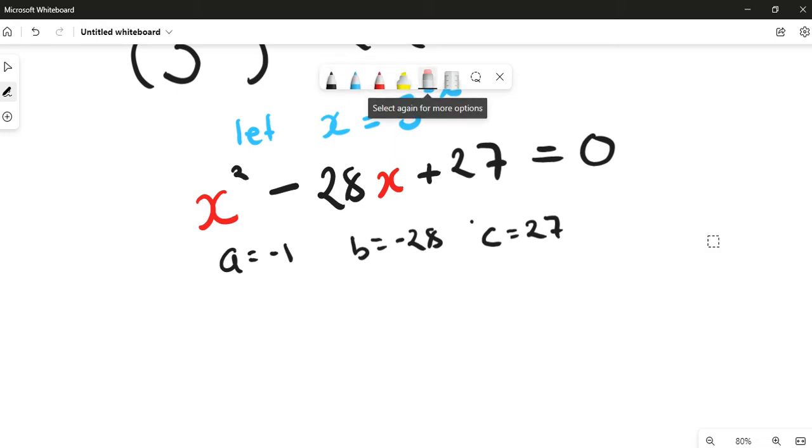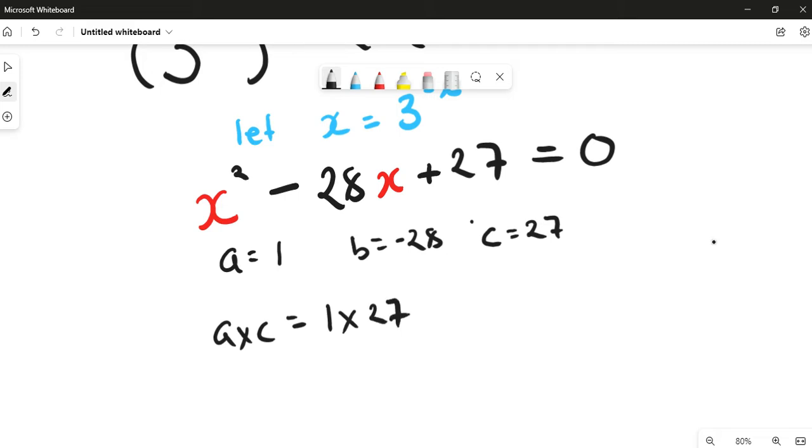Oh, a is actually 1. Sorry, a is 1. So we multiply a times c. That's 1 times 27, which gives us 27. We'll find two numbers that multiply to give 27 and add to give negative 28.